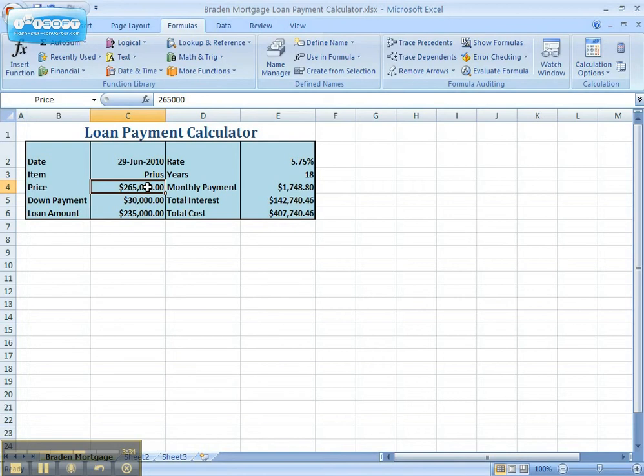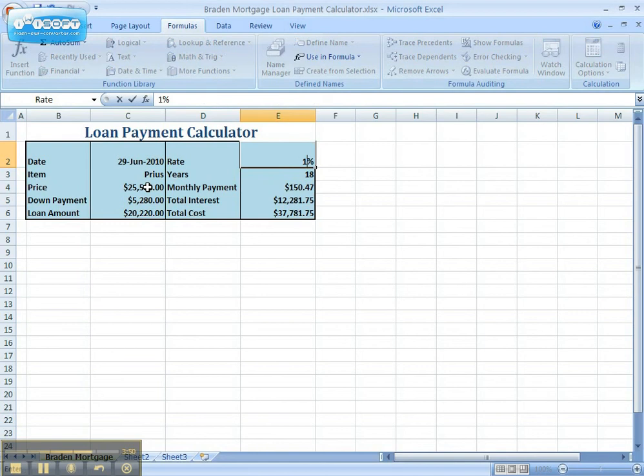So we put in Prius, then for the price we put in $25,500. Now we have a huge down payment from the house, but we're going to change that to $5,280. So we borrow $20,000 on a Prius, at 10.25% interest over 5 years.